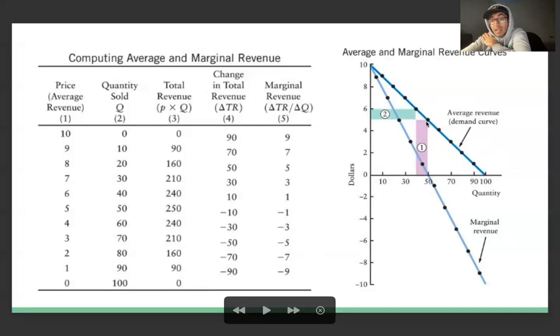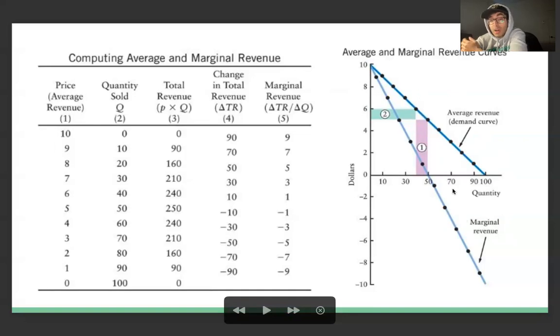So as I increase quantity, going towards the right on the marginal revenue curve, I have to compensate for that fall in price by a higher magnitude on the marginal revenue curve. Because when I decrease the price from 6 to 2, I have to decrease the prices on all the previous quantities.